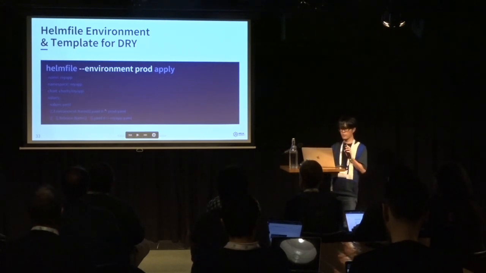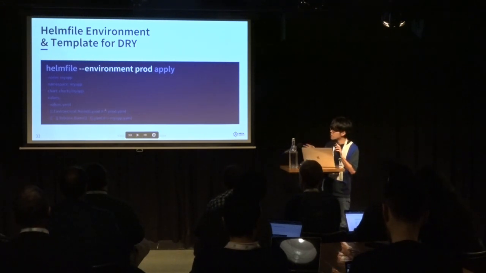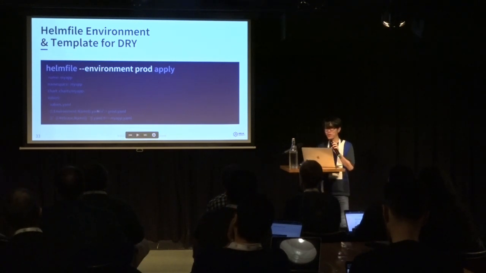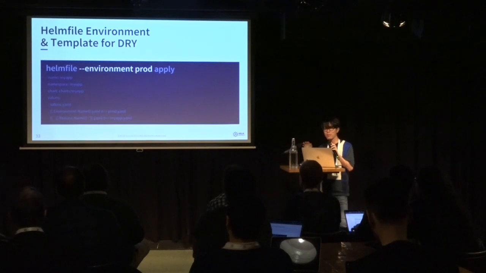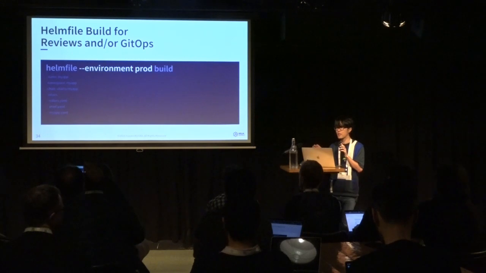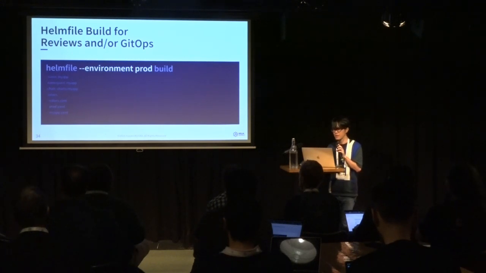So the last two lines. It's very hard to read, but you see you can use Go template expression in your YAML to generate your YAML. Okay, and finally, it has a Helmfile build command for generating the final static YAML files from the templates.